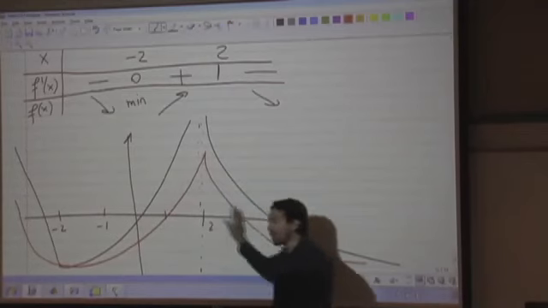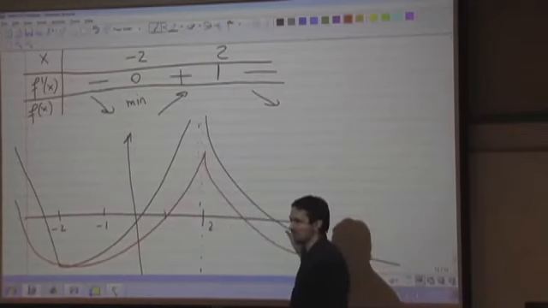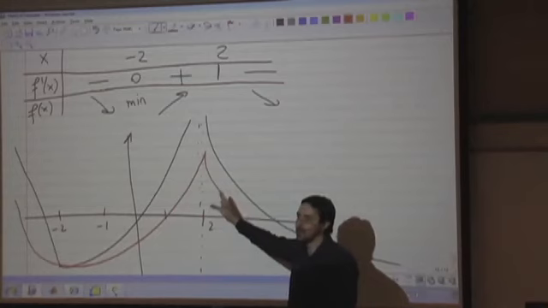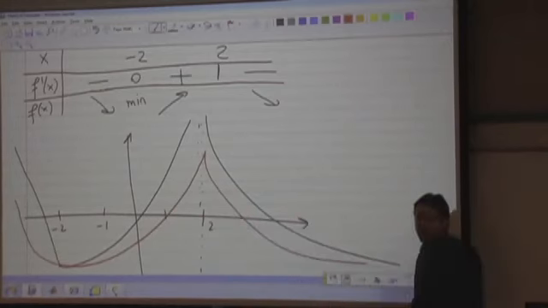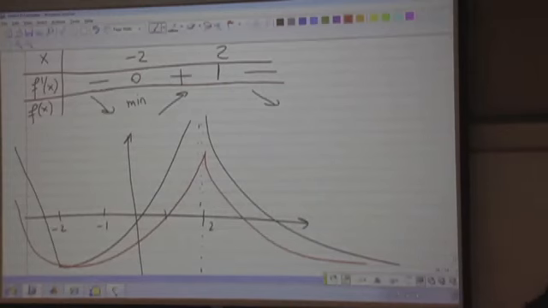I will still maintain the concavity throughout, and I would still satisfy all my conditions. Is everybody understanding this? Okay. So we'll stop here, obviously.